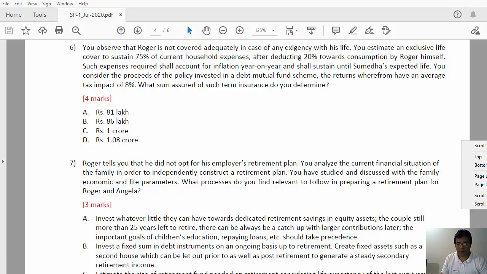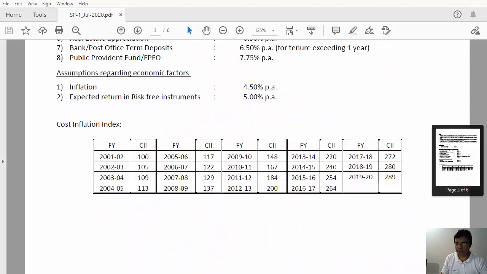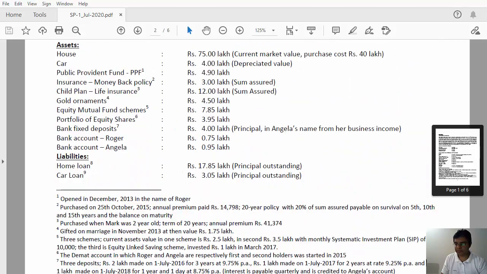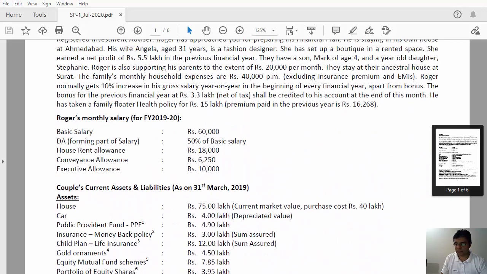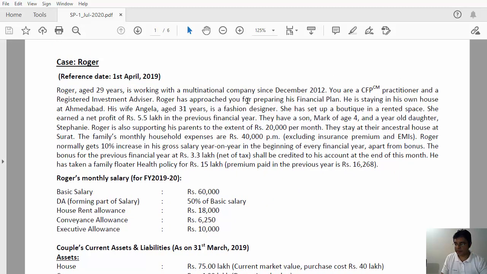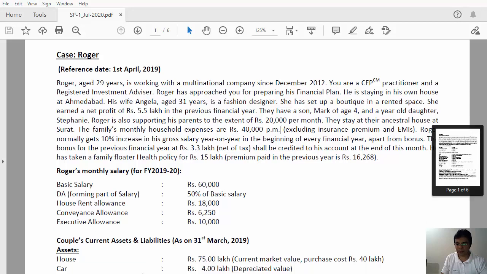Now quickly, you are familiar with the case, but still I'll go to the case. The age is 29 for Roger, for spouse Angela it is 31, and household expense is 40,000 per month. This is the first data we have to consider.